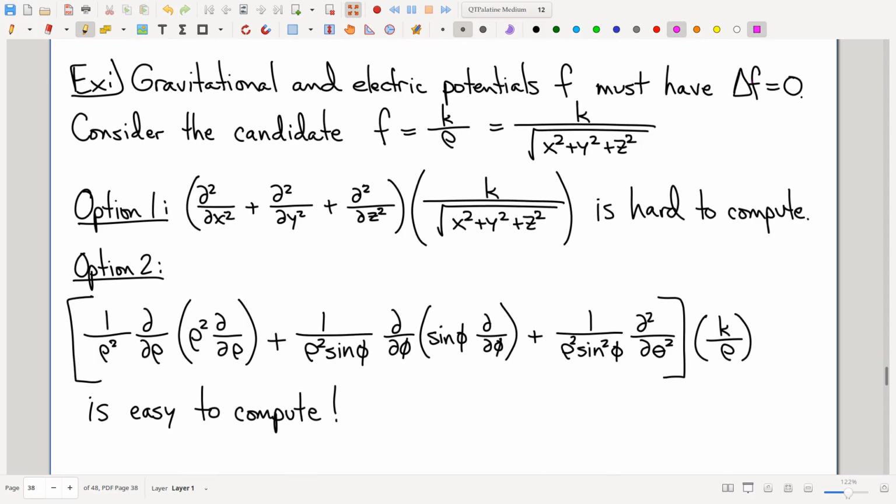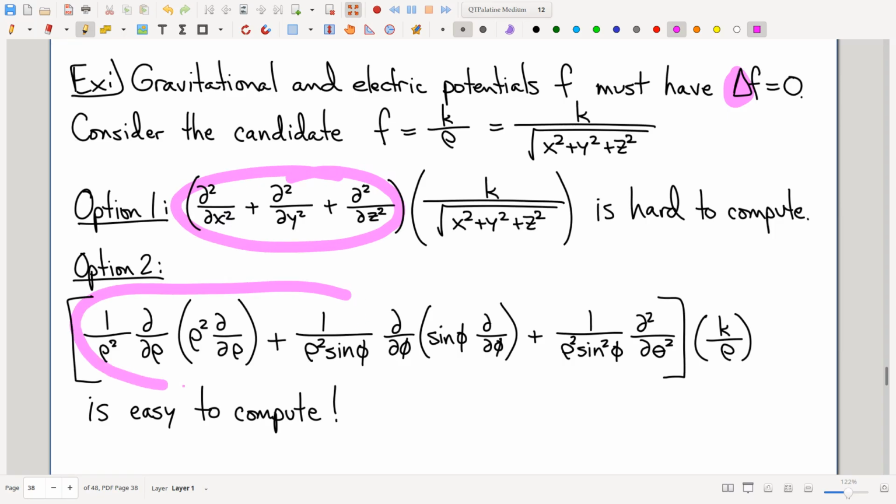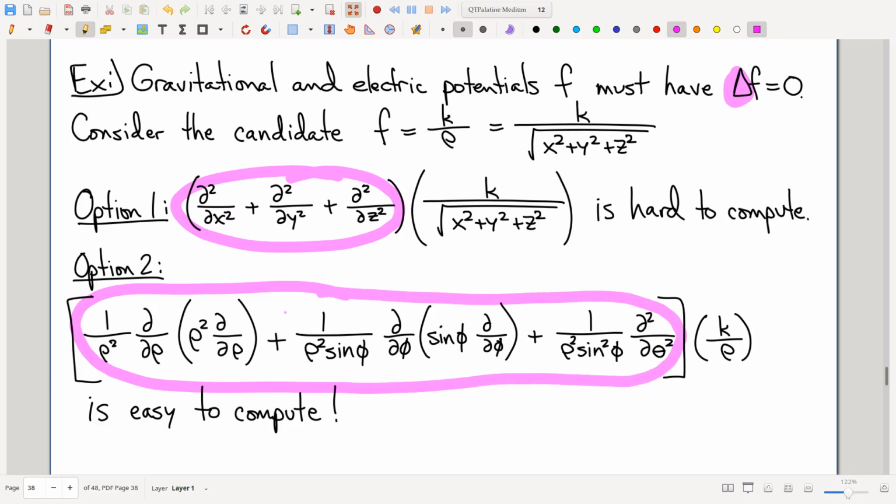We talked about the Laplacian. That's this operator here, otherwise this operator here, take your pick. We're going to apply that to some function, and the reason we would do so is because, if you want to understand gravitational potential, electric potential, electricity and stuff like that, it's kind of a big deal.